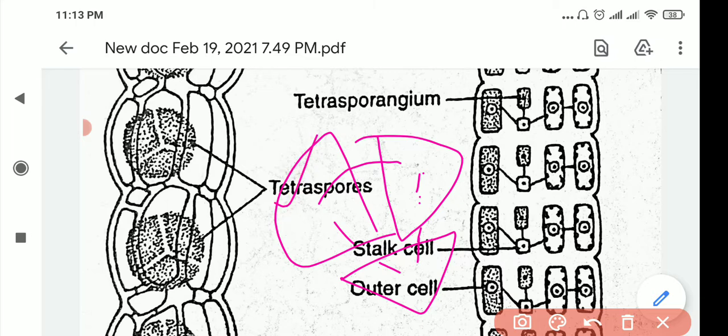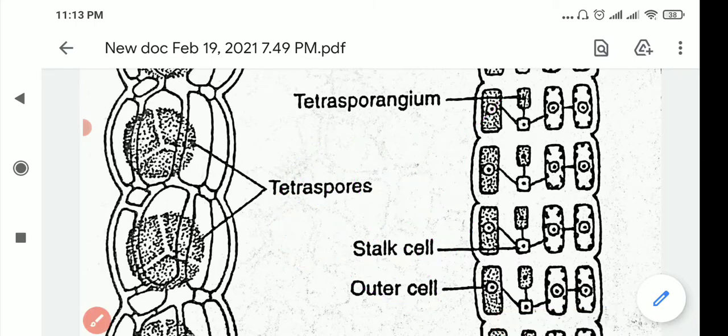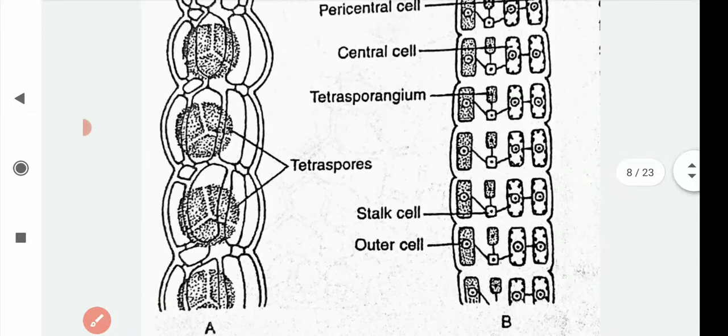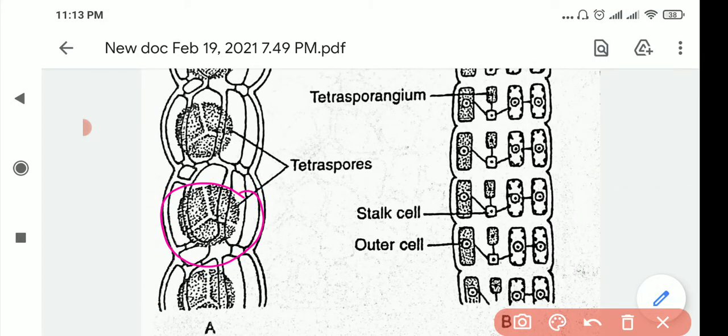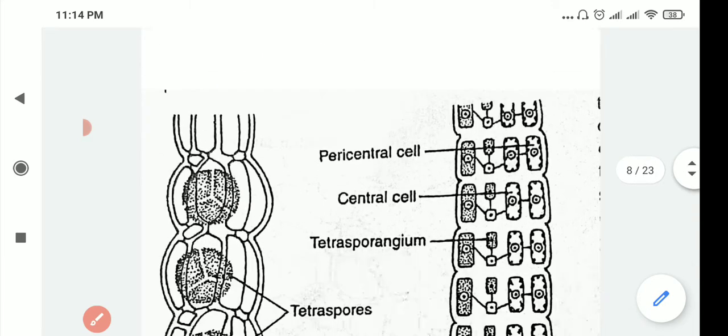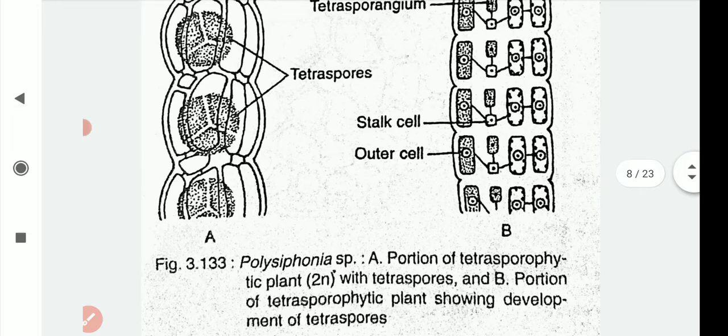So there are 1, 2, 3 and 4 on the other side, which we cannot see. They are arranged tetrahedrally like this. This is 1, this is 2, 3 and this middle one is 4, the one behind. So you can see the arrangement of the tetraspores there in the tetrasporangium.